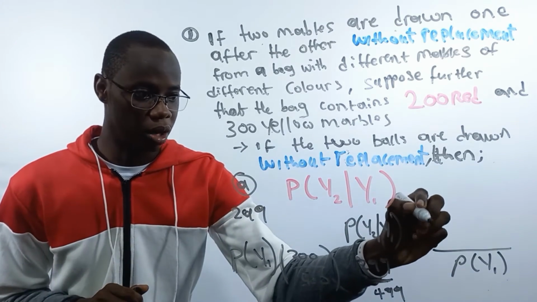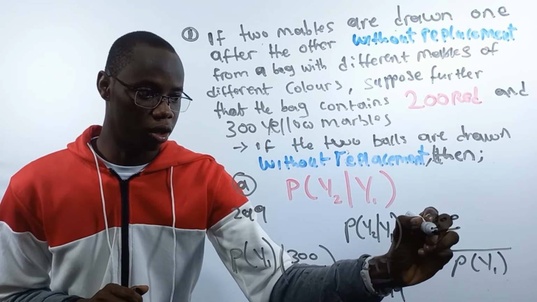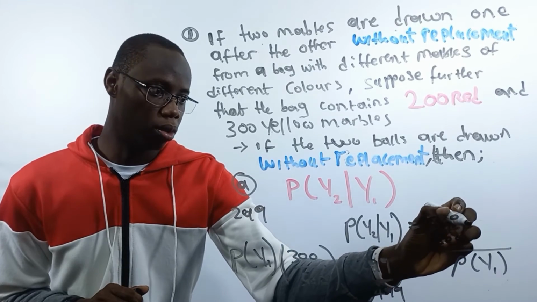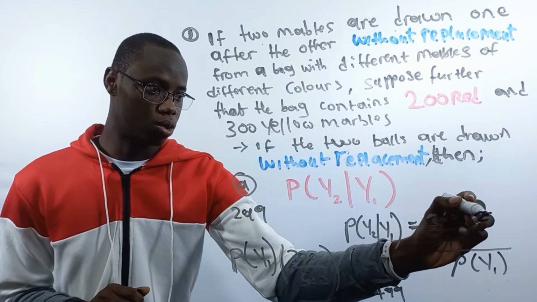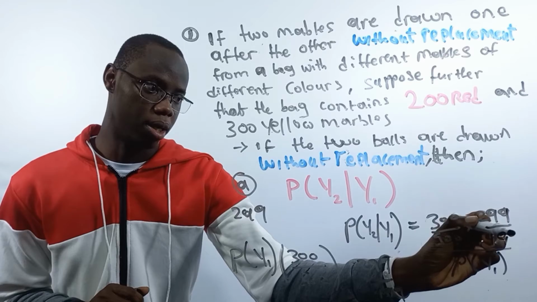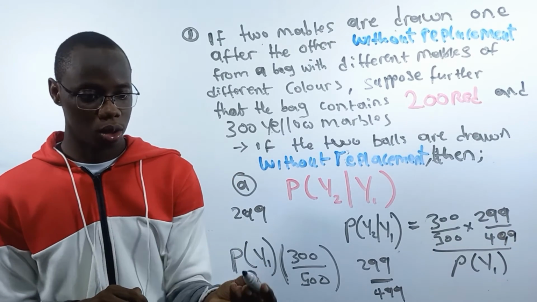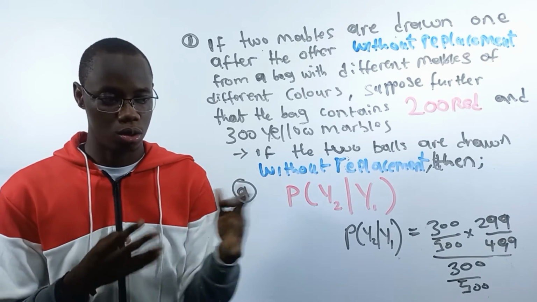This now will be the probability of getting yellow first. That's 300 over 500 times, or multiplied by, the probability of getting yellow second. That's 299 over 499. And what's the probability of picking yellow as first? So for this now, all we need to do is just rewrite it.